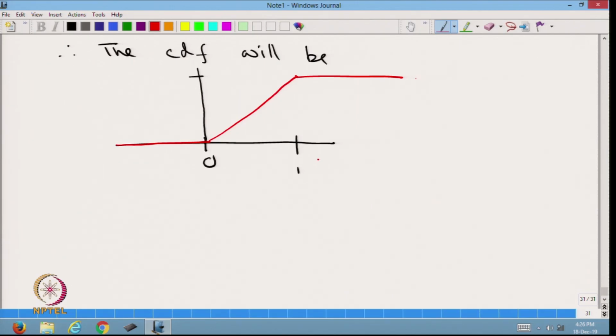Try to convince yourself that you are going to get this CDF for the corresponding random variable.